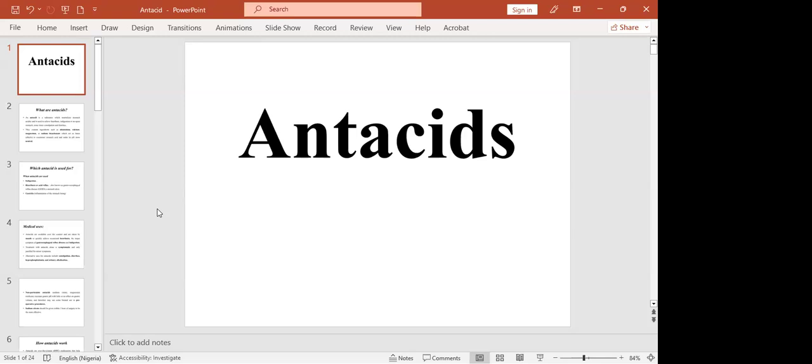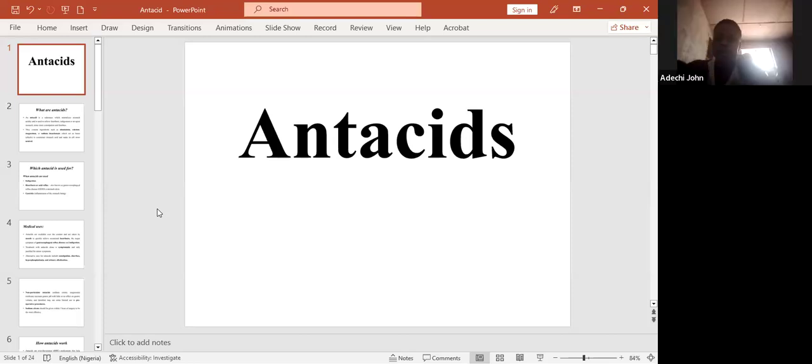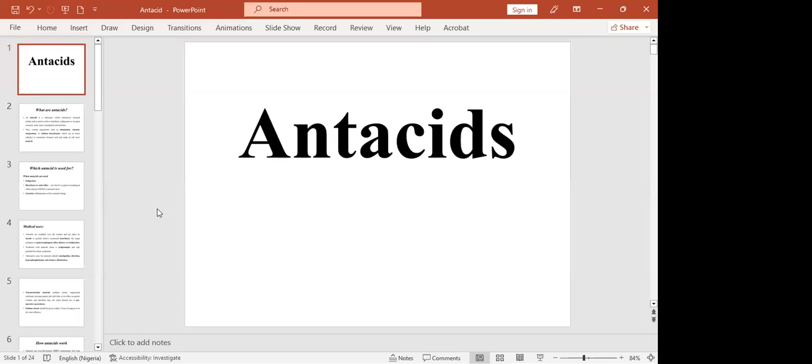Okay, so if we have N-phenyl something acetamide, and we have paracetamol, and we have Panadol, which of these is the proprietary name? Panadol. Okay, so the Panadol is the proprietary name.